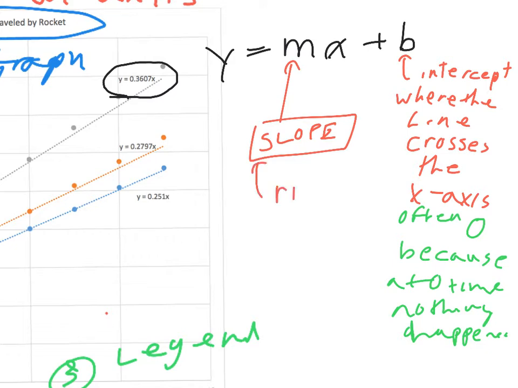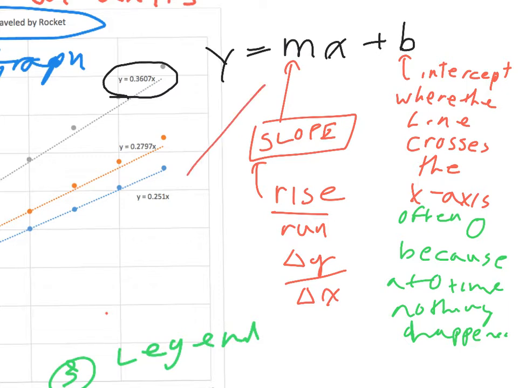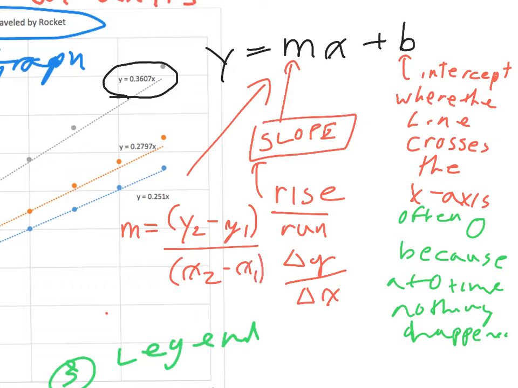Slope can be thought of as rise over run. You can think of it as the change in the y-coordinate divided by the change in the x-coordinate. Mathematically, you're probably familiar with your algebra teacher telling you that the slope is y2 minus y1 divided by x2 minus x1.